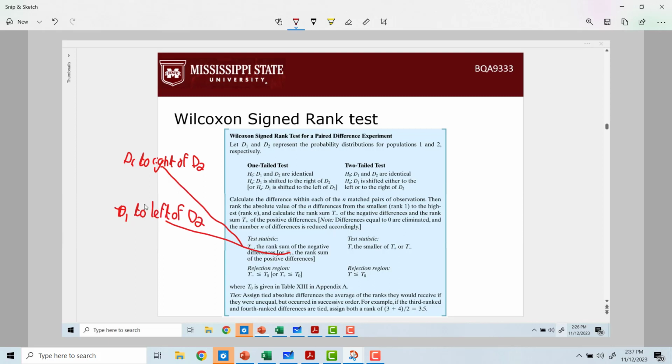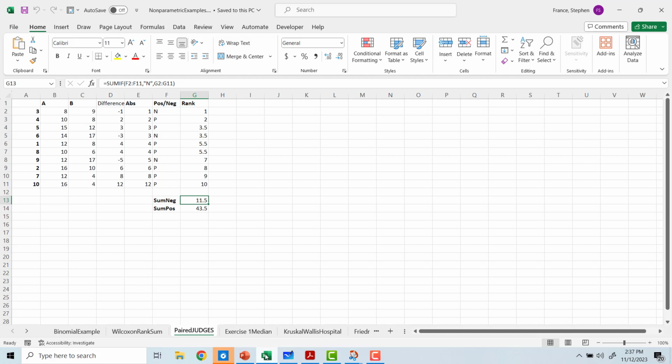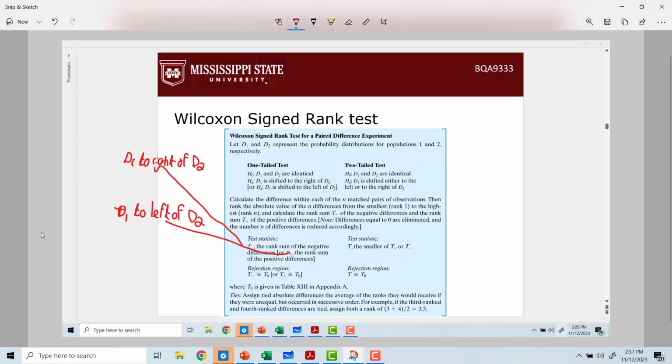And again, that should be obvious that we're testing the smaller value of the rank sums. So in this case, we have our 11.5, and we have our 43.5. I'll just write that down.